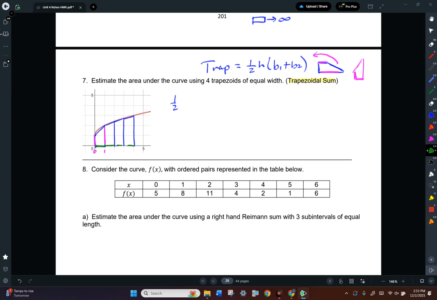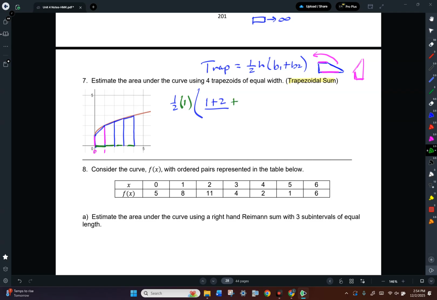I know you're like, well, that's the base, but because we set it up on end, that's the piece that's actually the height. So every one of these trapezoids is going to have a height of 1. And so now for each individual trapezoid, I could just add up the sum of the bases. So the first trapezoid, the 2 bases are going to be at x equals 0 and x equals 1. And so the height of those is 1 plus 2. That's my B1 plus B2 for the first trapezoid.